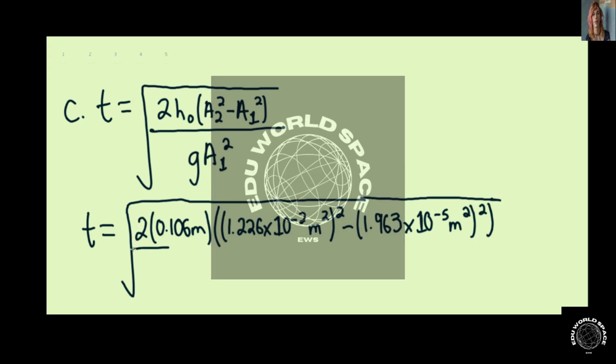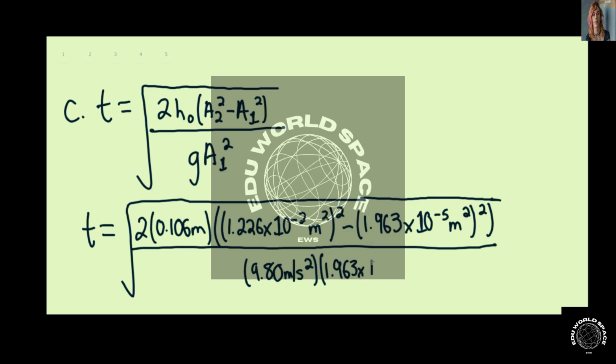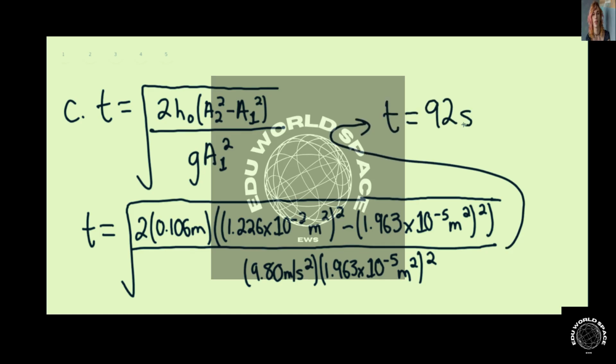This would be divided by 9.80 meters per second squared multiplied by 1.963 times 10 to the negative fifth meters squared quantity squared. And we find that t is equaling approximately 92 seconds. This would be our final answer for part C.